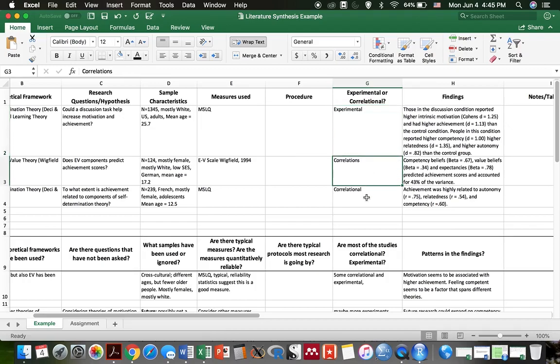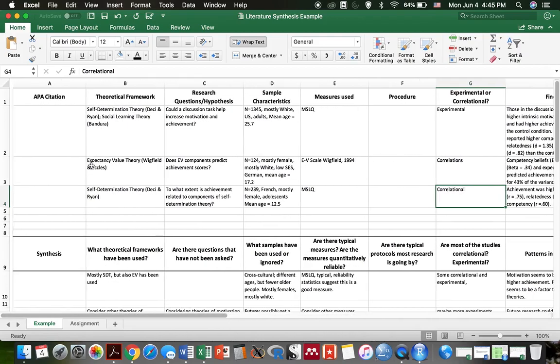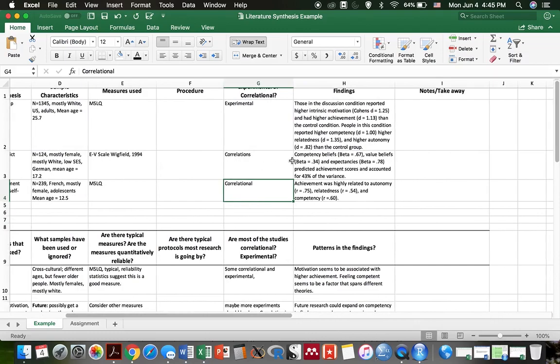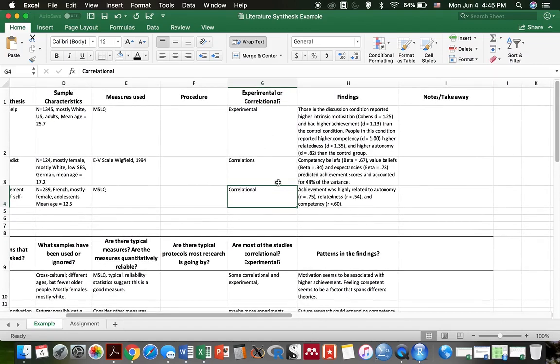And correlational is really good to find relationships. So it's important to consider correlational evidence as well as experimental evidence. But you might have one study in your article that's an experiment and one that's correlational, and that's fine. You could put two different entries here if you like, or you just put the one that you're going to draw from for your paper.